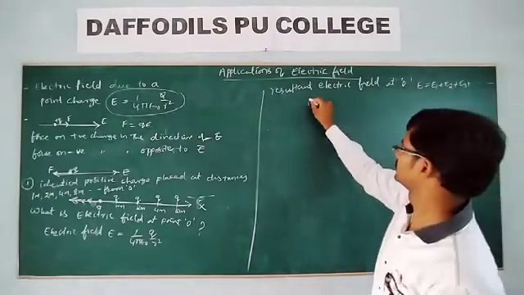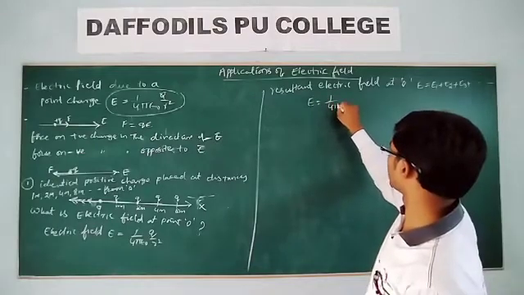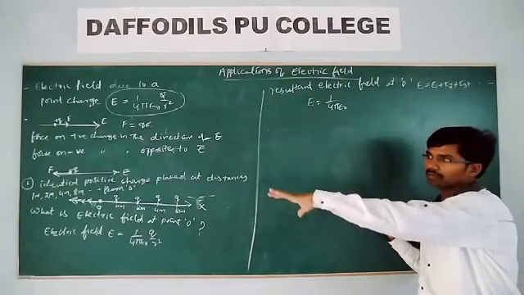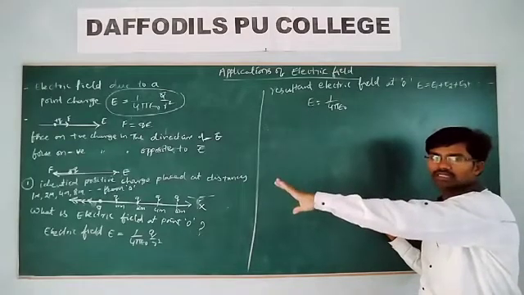Let me write here: E is equal to 1 by 4 pi epsilon naught, which is common for each and every electric field due to each point charge.